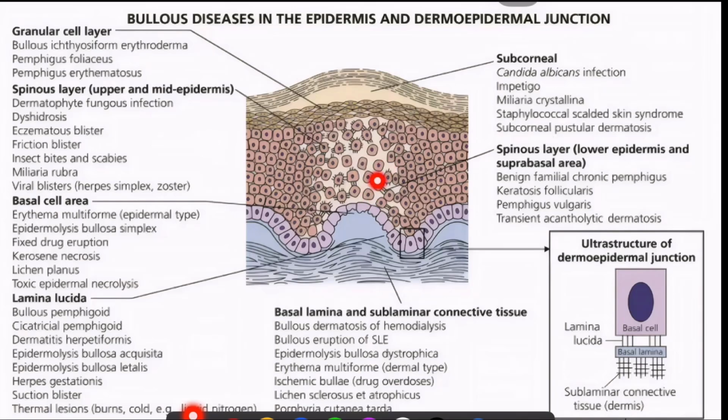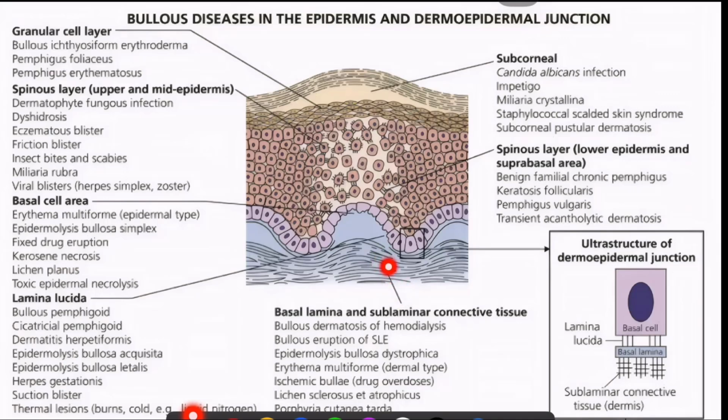If the spinous layer, which is in the lower epidermis, and the suprabasal layer have bulla, then it is benign familial chronic pemphigus and pemphigus vulgaris. If in the lamina lucida, then bullous pemphigoid, and these are all diseases.